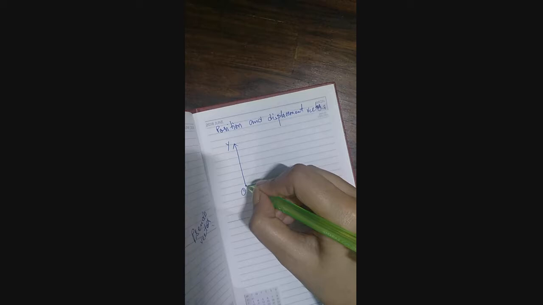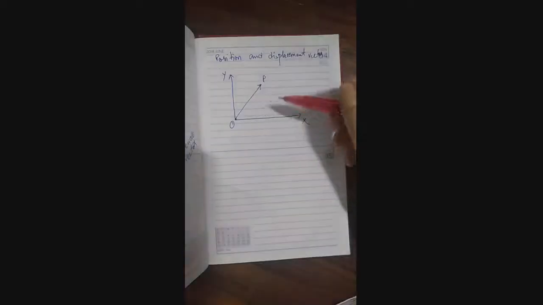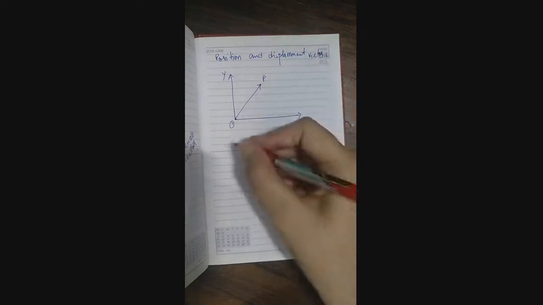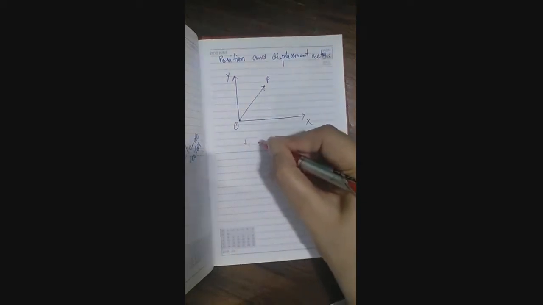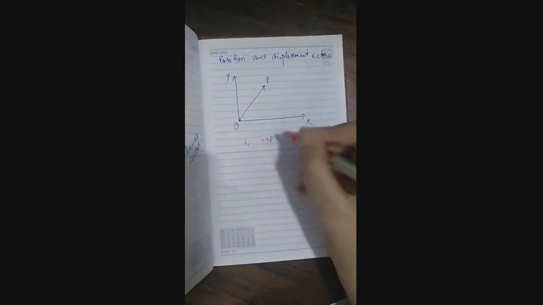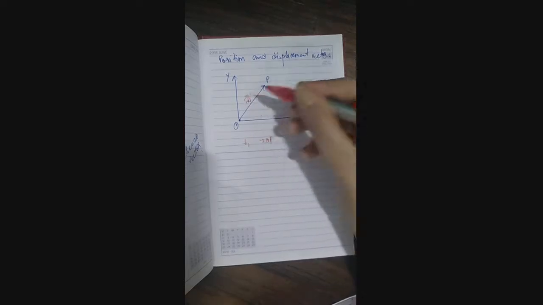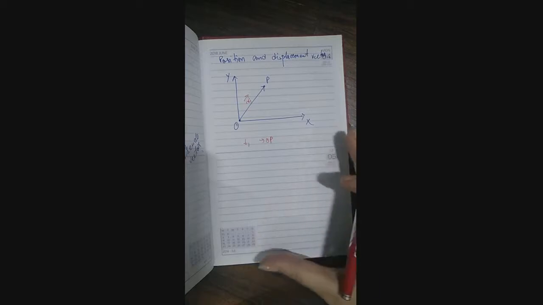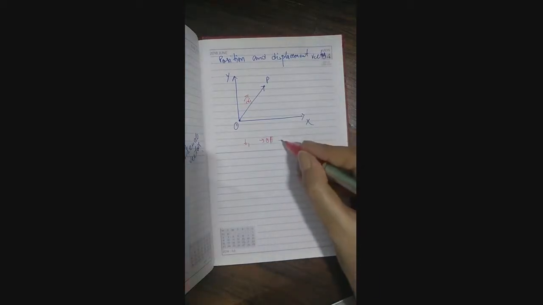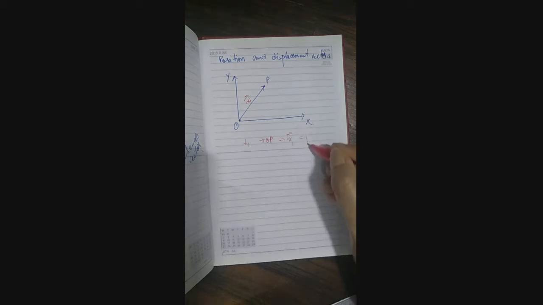Suppose an object, first of all, at time t1, moves from O to P. So this is represented by R1, or the vector R1, which is also known as the position vector. Okay, this R1 is the position vector.